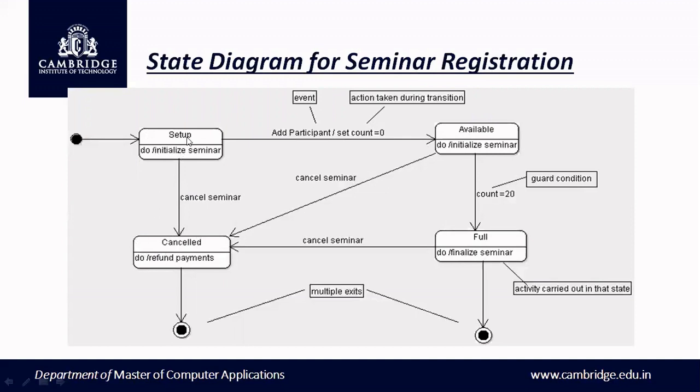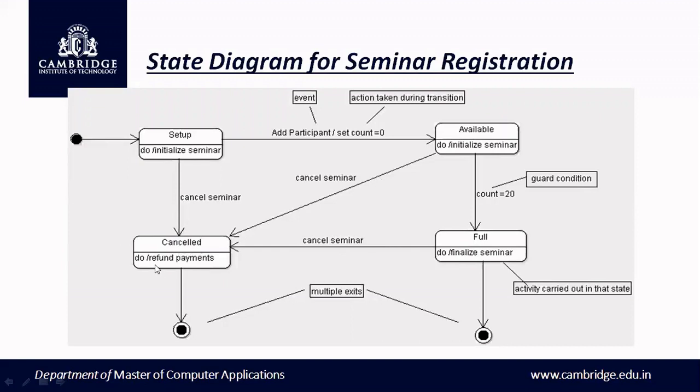If there is a cancellation of the seminar in the setup state, the transition takes place from the setup state to the cancelled state. Similarly, during registrations, from the available state it will come to the cancelled state, and similarly from the full state to the cancelled state. As a result of the cancellation, some activities have to take place.